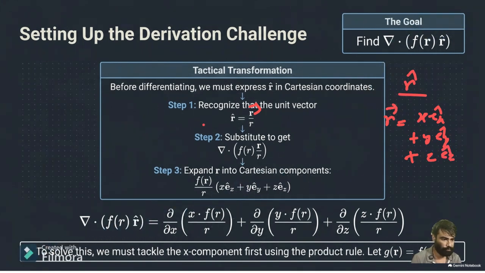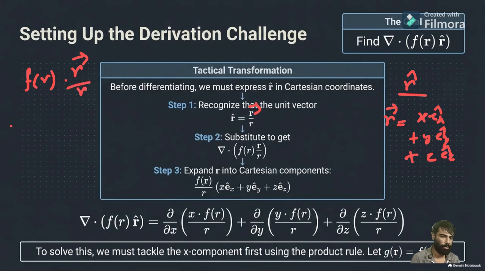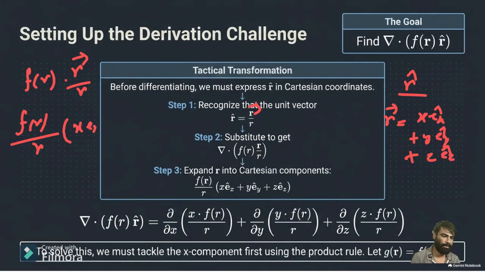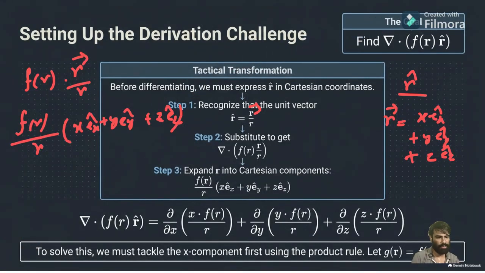So what we finally got is that we have to find the divergence of f(r) vector by r. That means we have to find the divergence of f(r) by r times x e_x plus y e_y plus z e_z. Okay, we have to find that divergence.